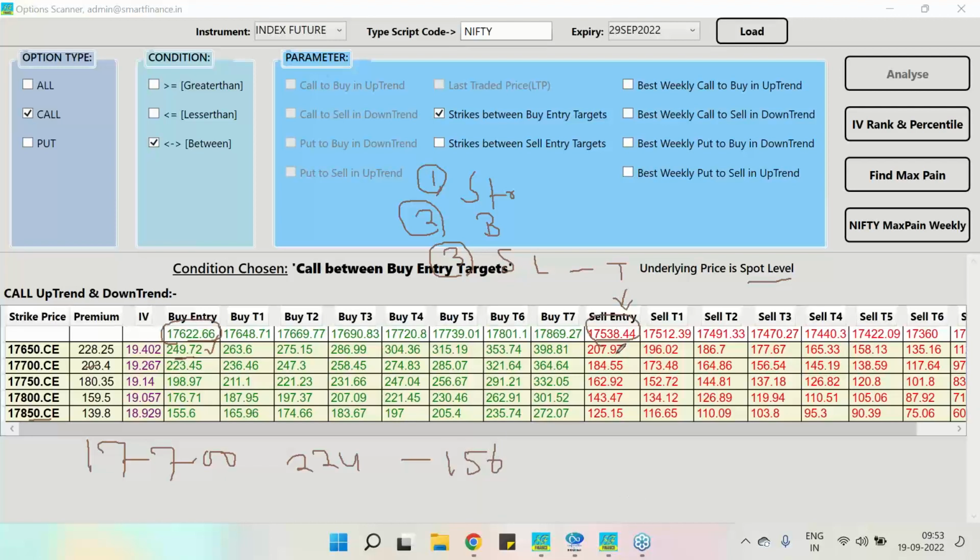If the stop loss hits at 700, roughly 38 rupees I will be losing.